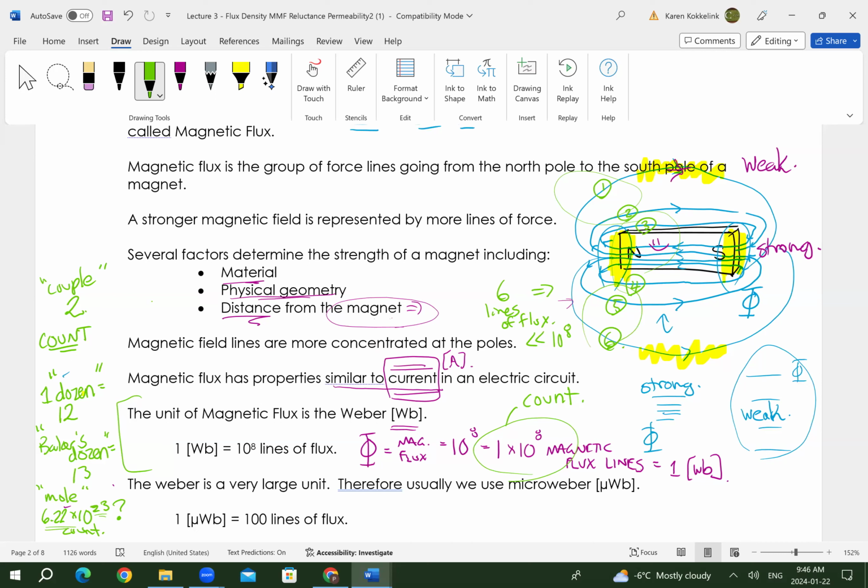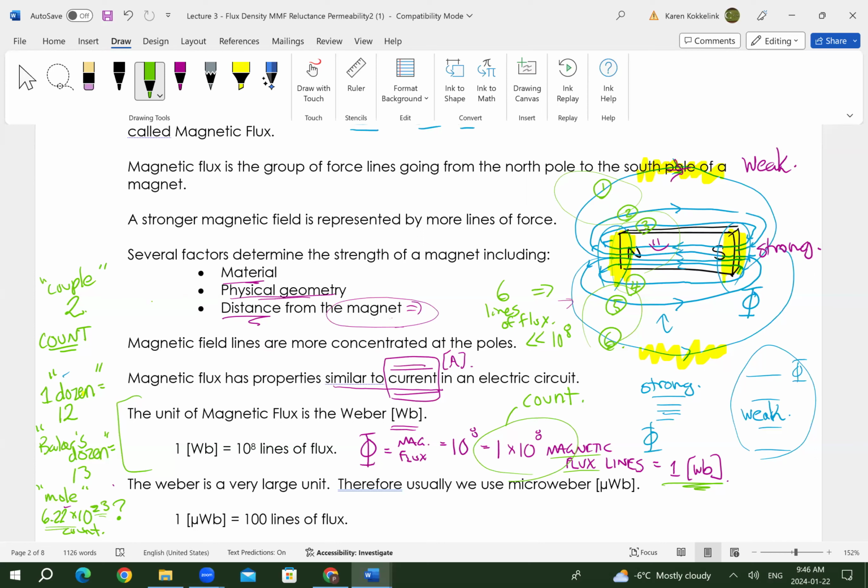So what Weber said is, I'm Mr. Weber, and I get to decide my units. I think there are magnetic flux lines, because this is actually all still theoretical, but I think there are actual lines because I see them when I put metal filings near a magnet.